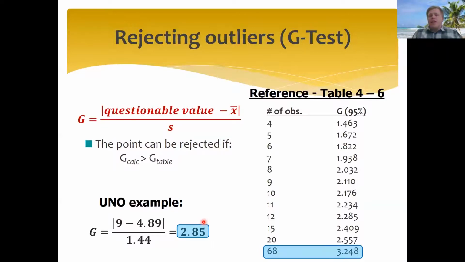The first is sometimes people will calculate whether a data point is an outlier. They'll find it's an outlier, and then they'll throw it out. And then they'll look at the rest of their data, and now that that big outlier is gone, some of their smaller outliers kind of look like they're outliers. So they'll run a G-test again with the new data, excluding that first outlier, and they'll find that they can throw out more outliers.